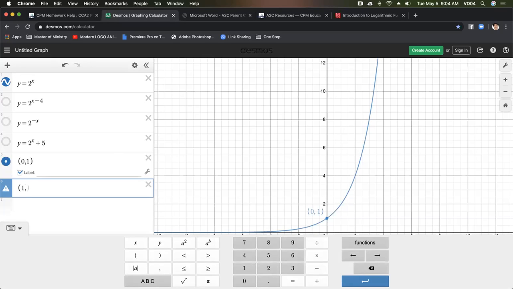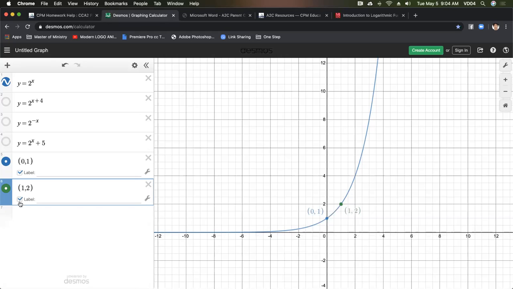We have 2 raised to 1. What is that? Oh, then it's 2. So y is equal to 2.